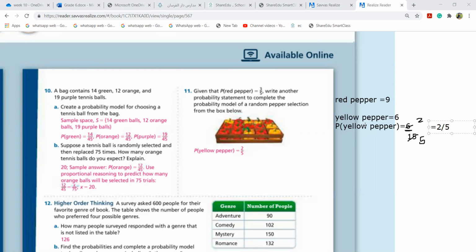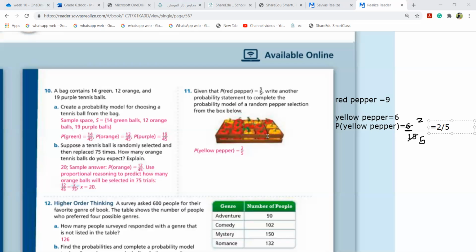How did we do the yellow pepper? No. Yellow pepper, Dana, how many you select? How many yellow peppers are there? 6. I wrote yellow pepper 6. Probability of yellow pepper means I'll write 6 over total. What is the total number of peppers here?